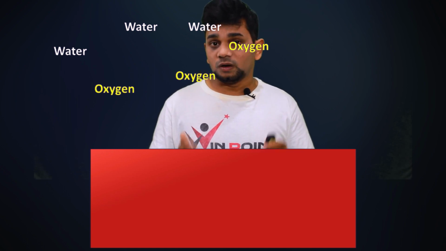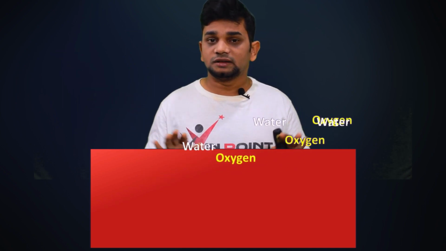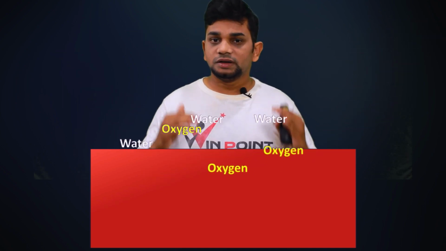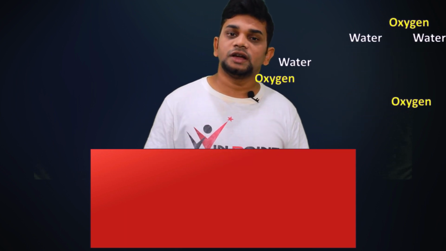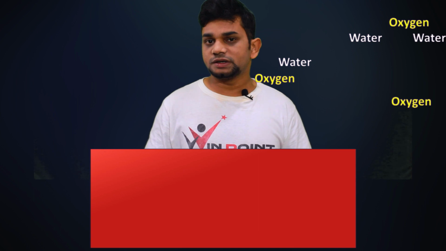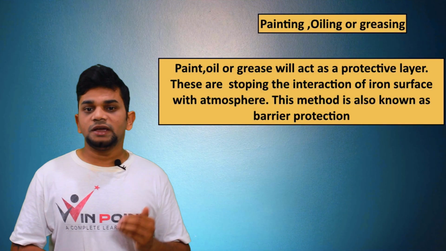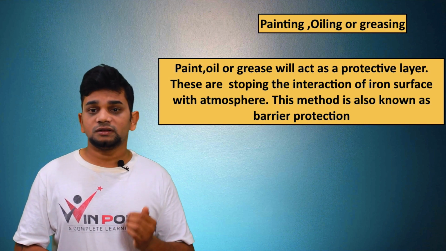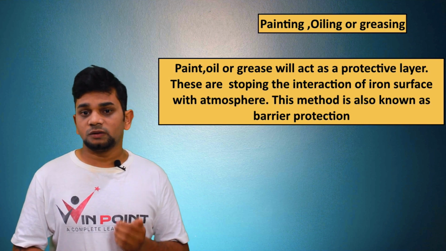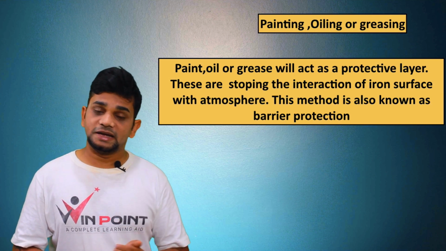They are trying to react with iron, but the paint is acting as a protective layer. It is protecting iron from oxygen and water. This protection is known as barrier protection. Barrier means a blockage. Paint, oil or grease will act as a protective layer. These stop the interaction of the iron surface with the atmosphere. This method is also known as barrier protection.